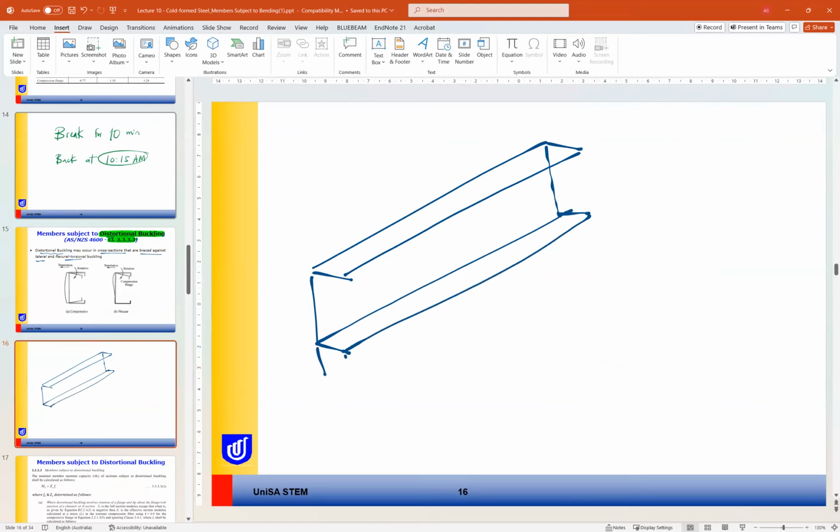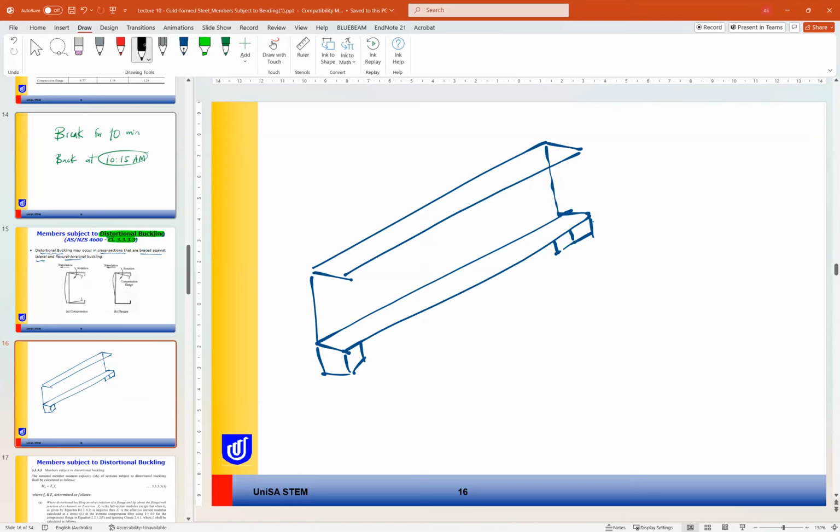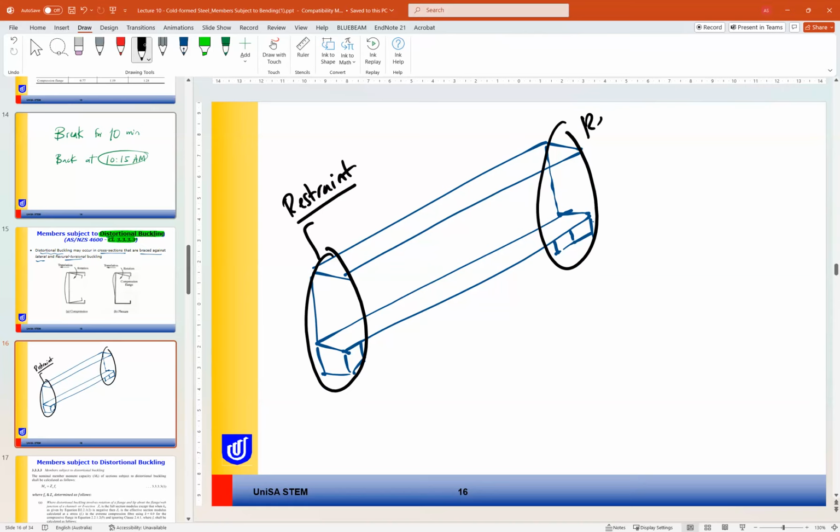So if we have a support here, for example, and a support here, as I told you, in the other case the two supports here were restrained against lateral buckling, but any point in the middle was free to move laterally.